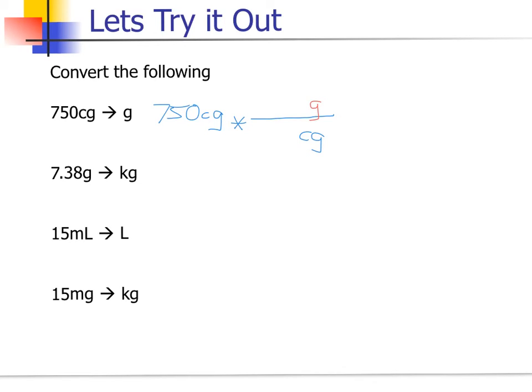And I say, which one's bigger, a gram or a centigram? Well, a gram is bigger. How much bigger? Well, that's what we ask ourselves. How many centigrams are there in a gram? Well, the prefix actually helps us out in that centi means 100. So I divide by 100.